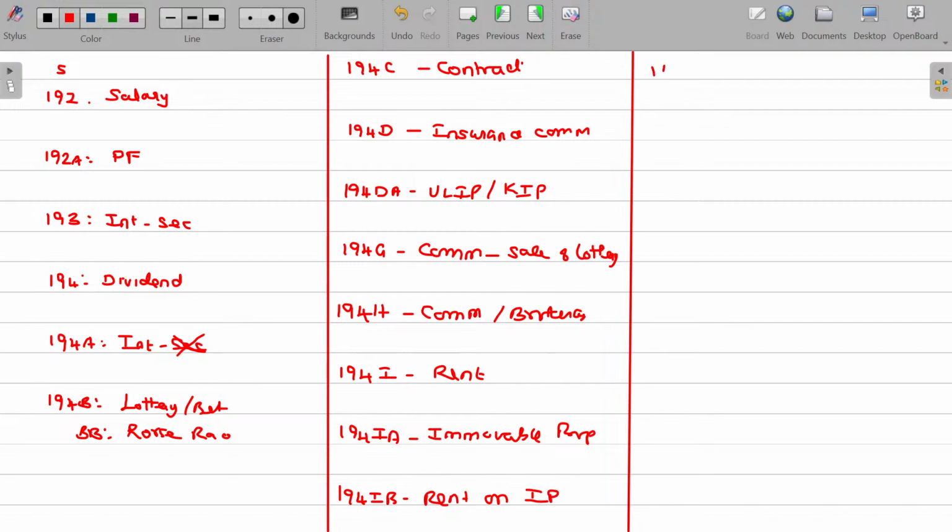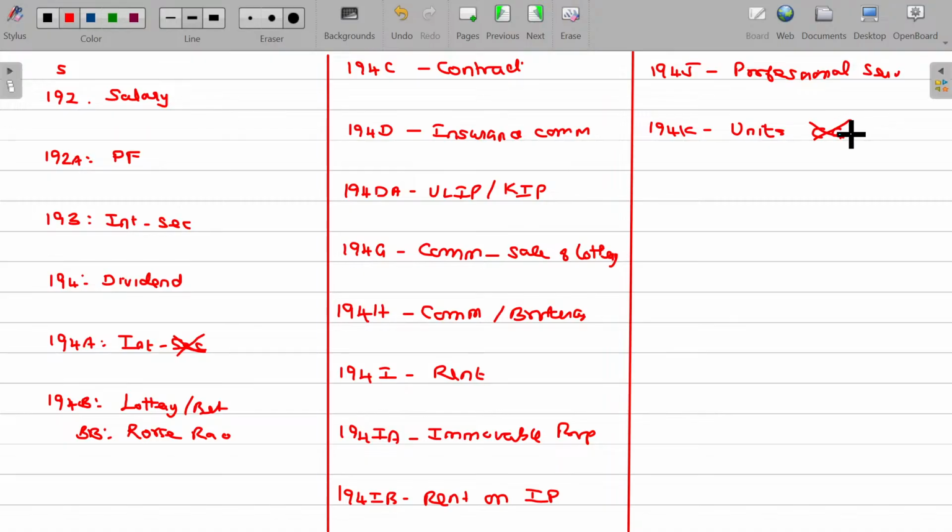194J. Section 194J is all about payment for professional services. 194K is the amount realized after sale of units, but not being capital gain.